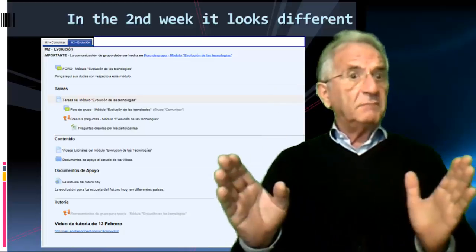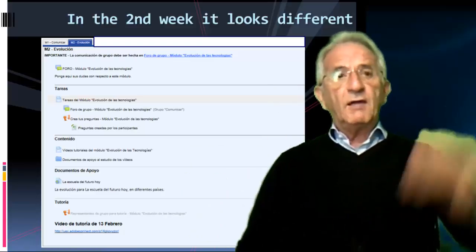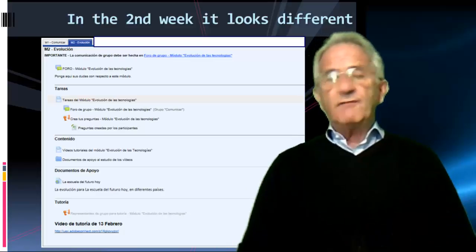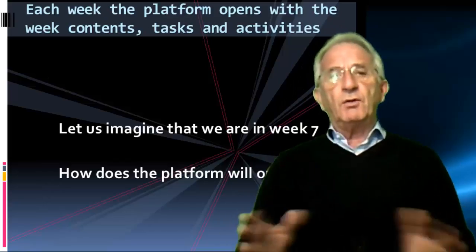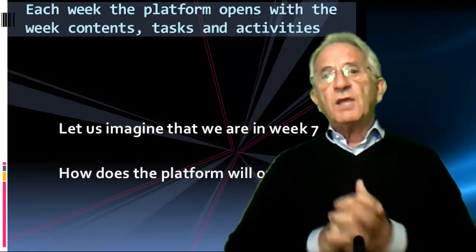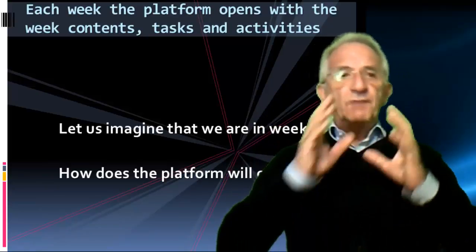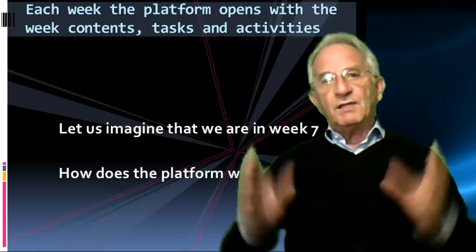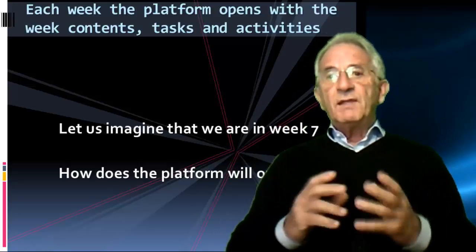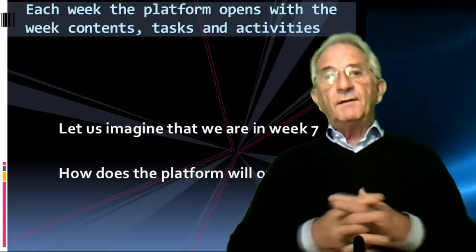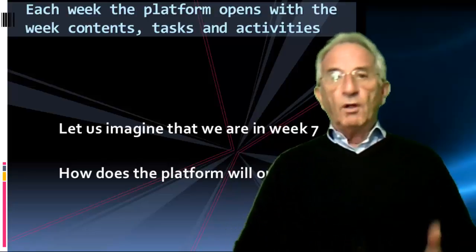And from that, no problem. We can go forward with this information, changing from week to week. This means that each week the platform opens with different contents, different tasks, and different activities. Let's imagine that we are in a week and how the platform will open.